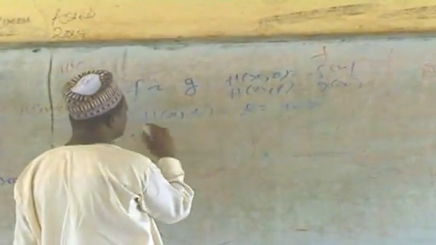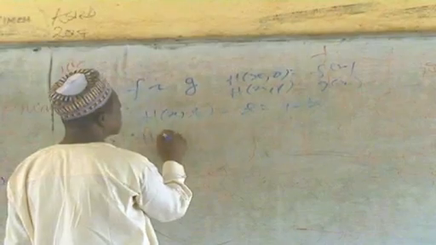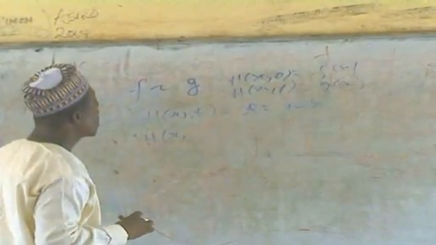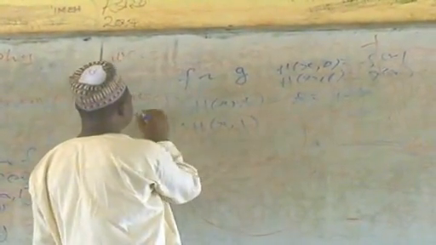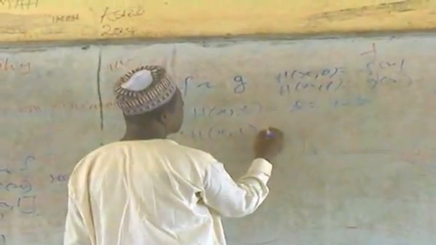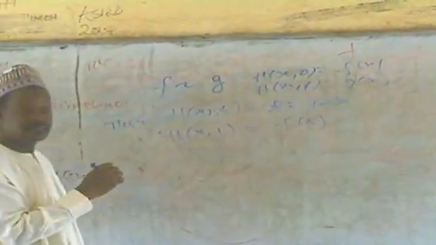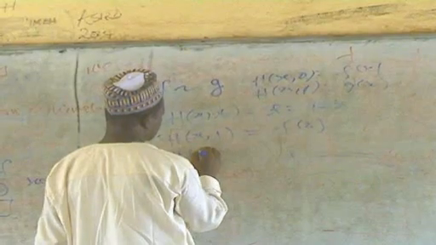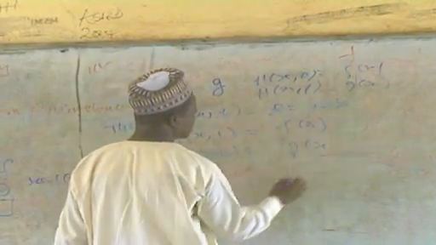Then when t is 0, we have h of x,1, which will be g of x. And when t is 1, we have h of x,0, which will be f of x.